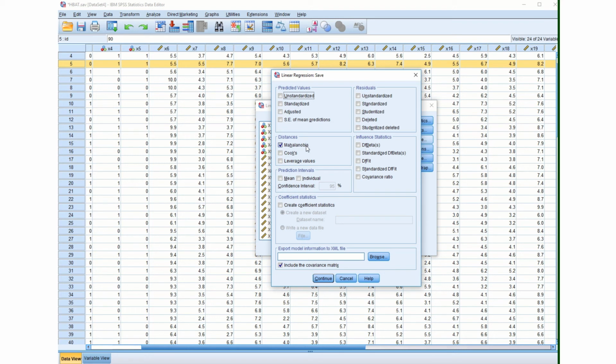So this is going to return a score, and what we want to do is take this and divide it by the degrees of freedom within the context of the regression. The degrees of freedom here will be the number of independent variables.